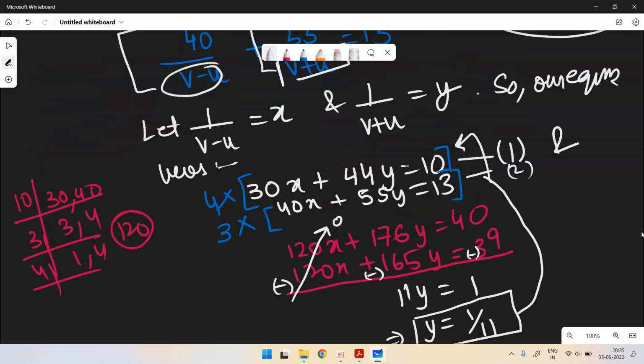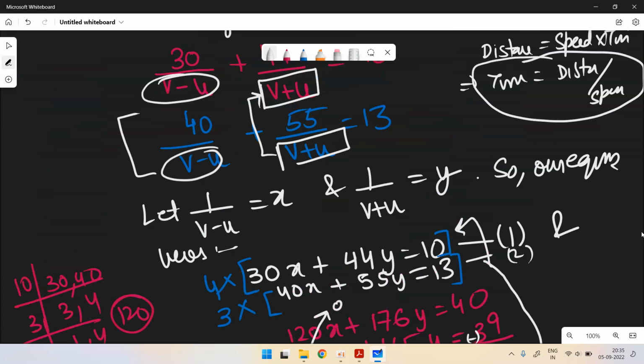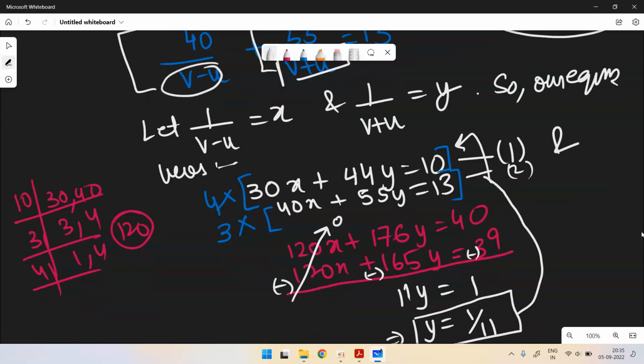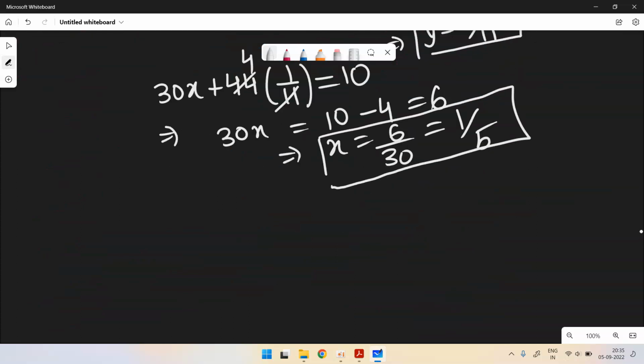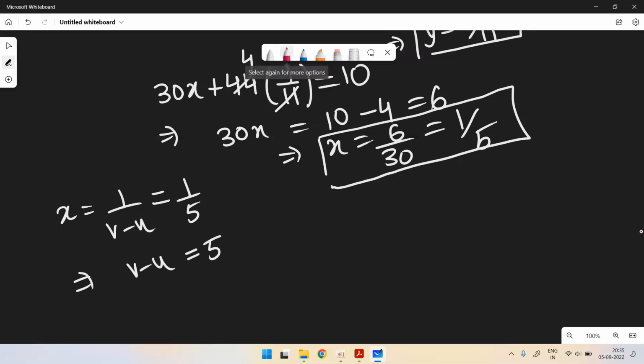Now x and y you don't know; I have taken them as the inverses. What is x? x is 1 by (v minus u) equal to 1 by 5, which implies that v minus u equals 5. I will call this my third equation.